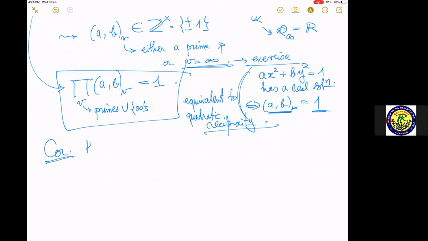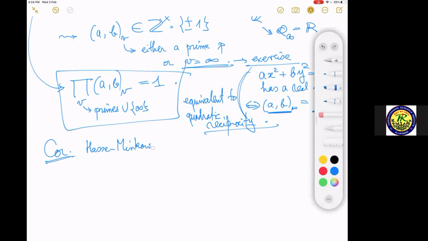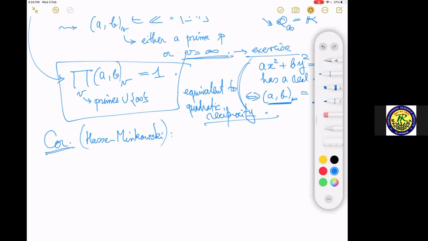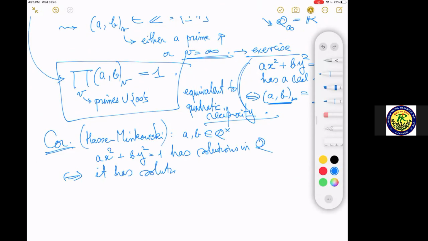Here is a very small corollary of this. Earlier I had this theorem of Hasse-Minkowski, which I stated, which said that this equation, again here A, B are in Q star, ax squared plus by squared equals 1 has solutions in Q if and only if it has solutions in Q_v for all v.